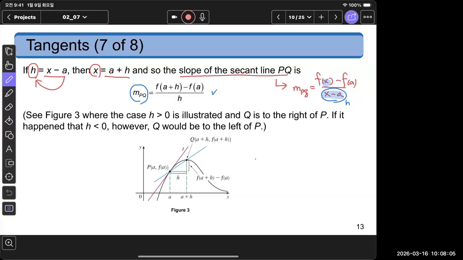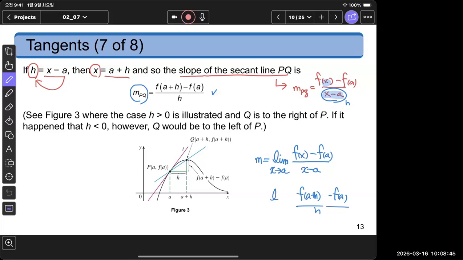So the point is that the slope of the tangent line can be written as the limit of f of x minus f of a over x minus a, and in that case x is a variable and you let x approach the value a. But in this new notation, f of a plus h minus f of a over h, h is the variable. We don't have x.